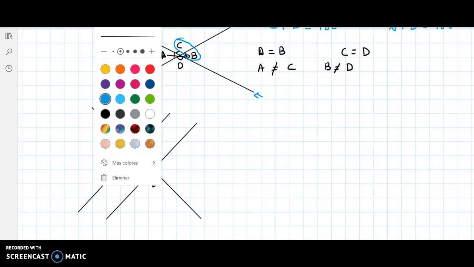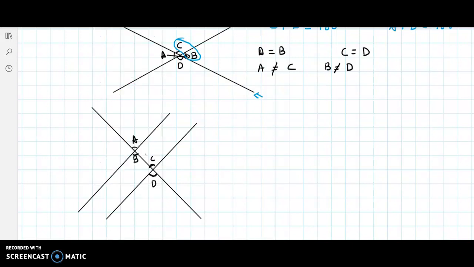Well, A and D, we call them alternate exterior angles because they are outside the parallel lines.